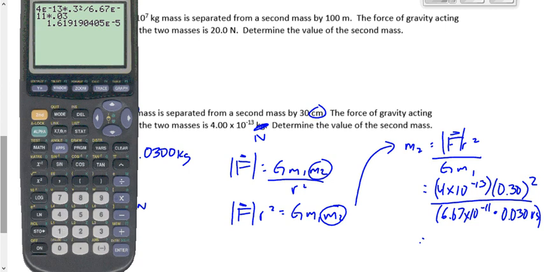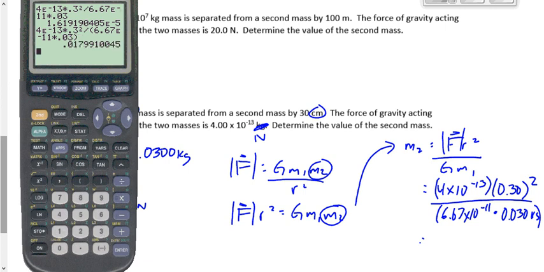Josh, where have I made my mistake here? Yeah, I've got to put brackets on the bottom, right? I could do it on the top as well, but I don't need the brackets on the top unless there's an addition or subtraction in there. But on the bottom, I definitely do. So let's redo this now the right way. We're going to say 4 times 10 to the negative 13 times 0.3 squared divided by brackets on the bottom, 6.67 times 10 to the negative 11 times 0.03.